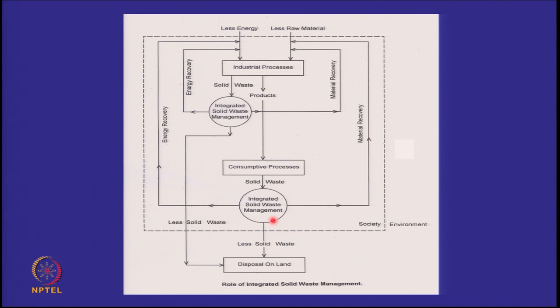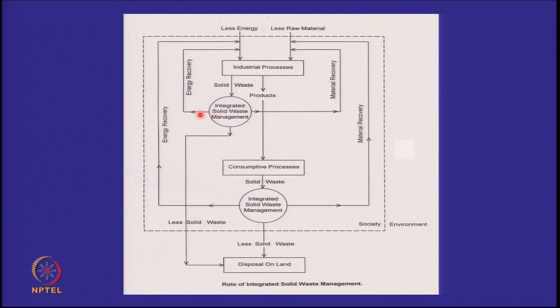When I do integrated solid waste management, I look at the waste which is coming out from any process and I apply the principles. Can we reduce waste? Can we recycle it? Can we process it? Or can we transform it? So if I am able to take out some materials, suppose I am able to take out the glasses and the metals, then what happens? The glass industry now gets an input from the recyclables, so it uses less raw material.